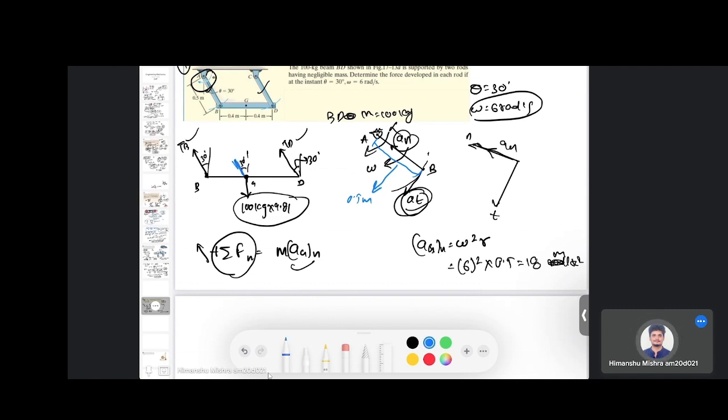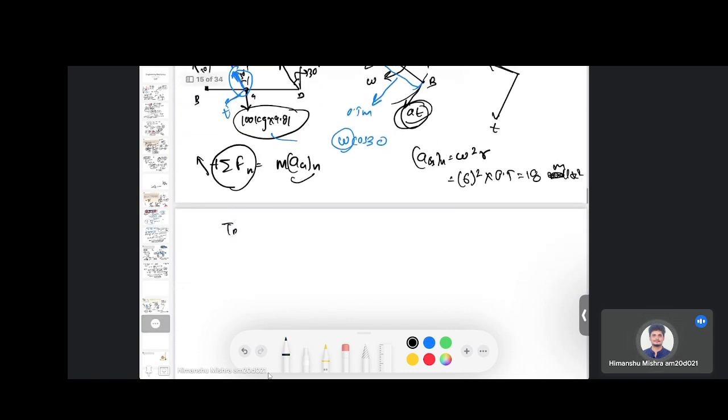So this is my normal direction and this is my tangential direction. We need to find this component, which is weight cos 30, and weight is 100 multiplied by 9.81.